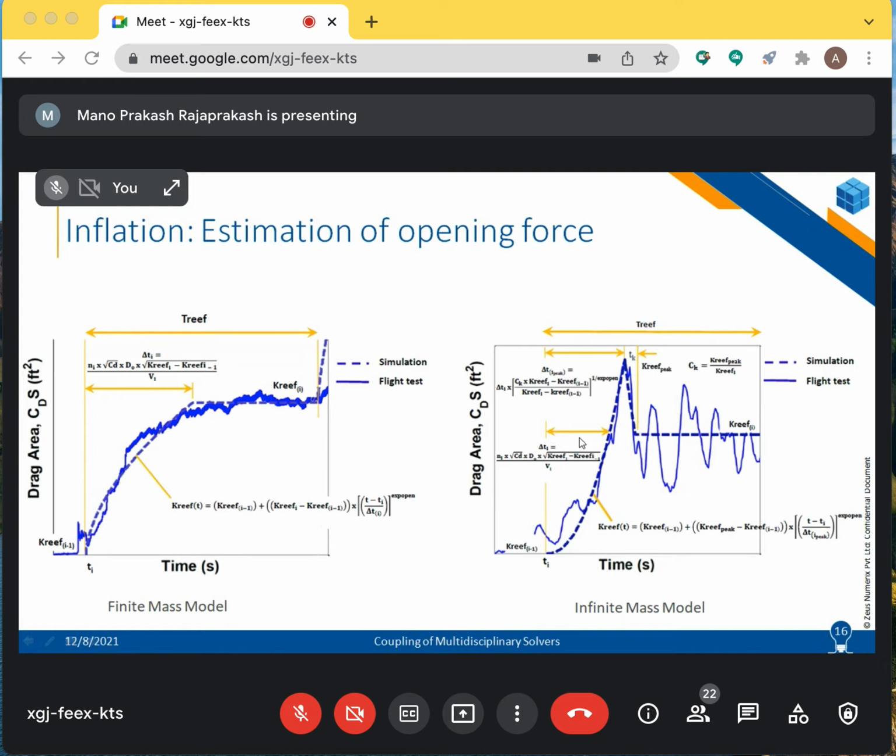So there are equations to find out the time it is going to take and how I am going to model it. This KREF is basically the instantaneous drag area, that is CD into S, as a function of time. This way the user can model the aerodynamics or the inflation profile that the parachute should be taking.